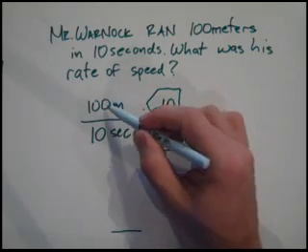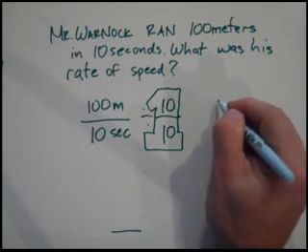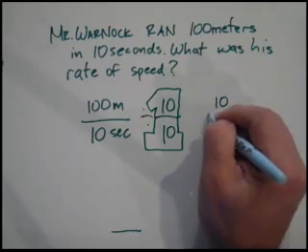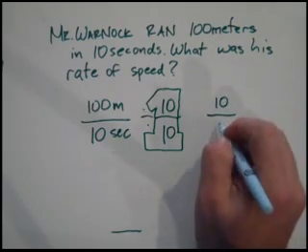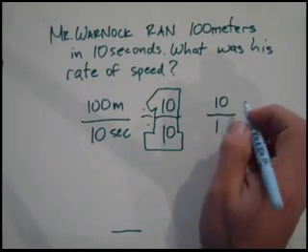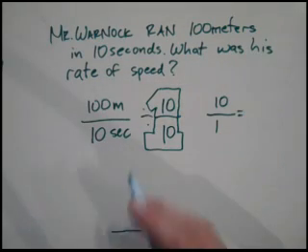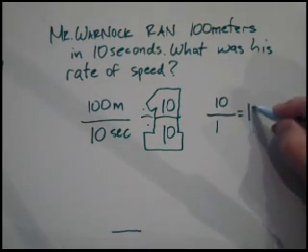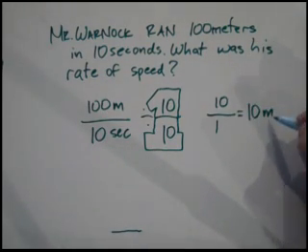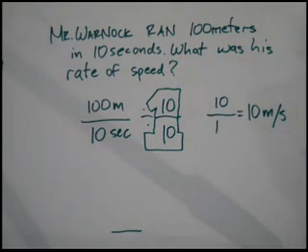So we're dividing 100 by 10, which gives us 10 over, or per, 1. 10 goes into 10 one time. So that's going to equal 10 meters per second.